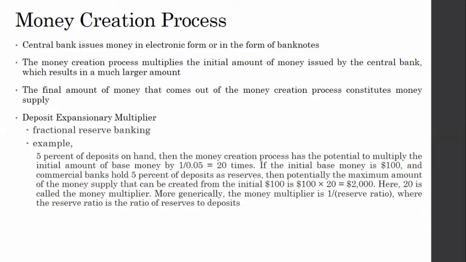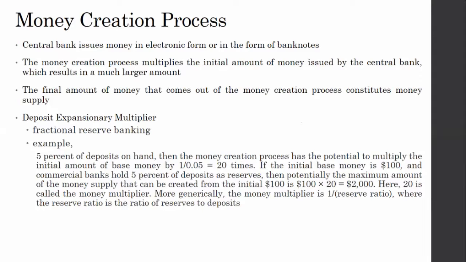For example, let's suppose that the commercial bank needs to keep 5% from the deposits with them as the reserve. So let's suppose this initial base money is $100. From the $100, 5% they have to keep as the reserve.